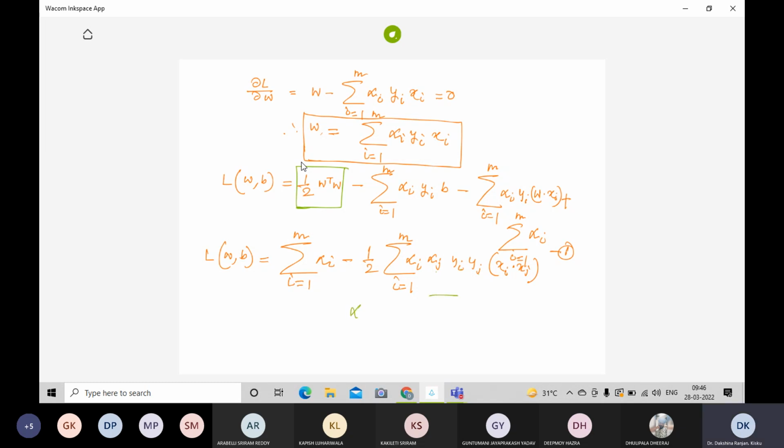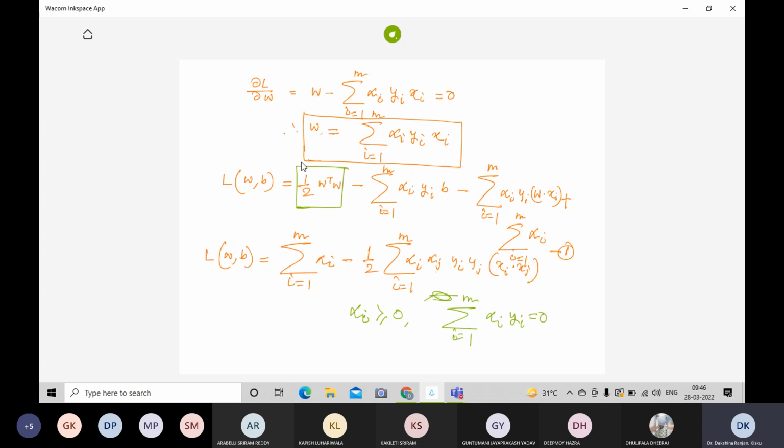Now here alpha i greater than or equal to 0. Okay, here alpha i greater than or equal to 0, and what we obtained when we took the derivative of the Lagrangian equation with respect to b is summation over alpha i yi equals to 0.